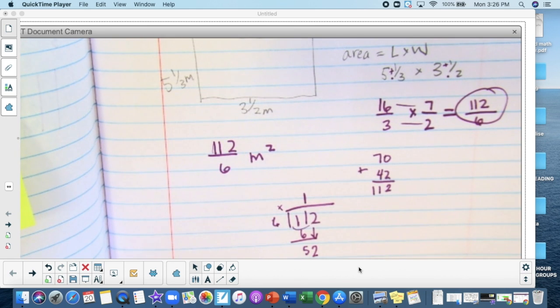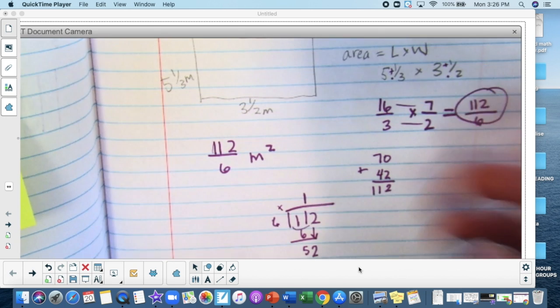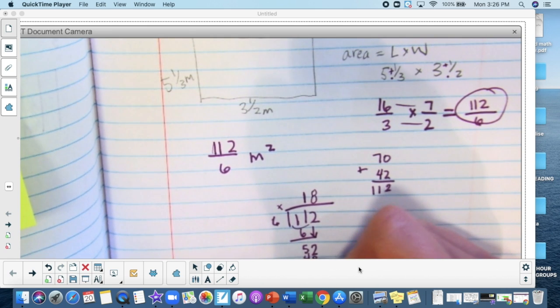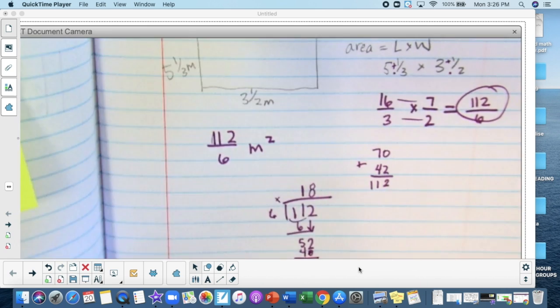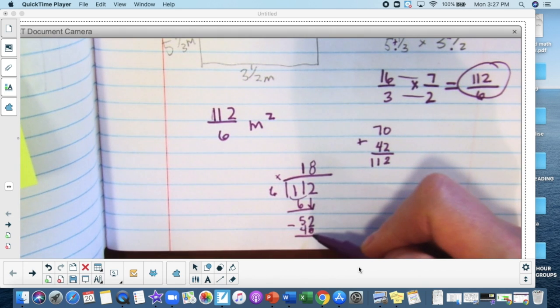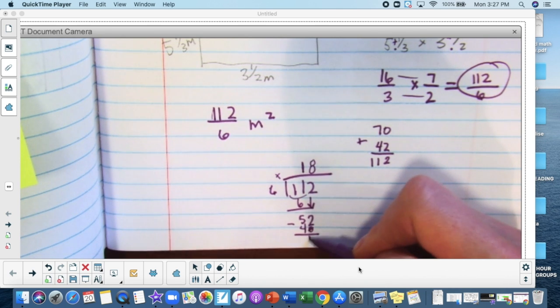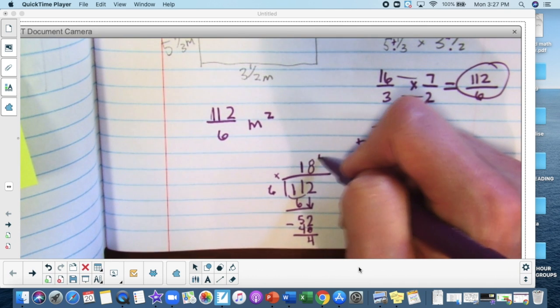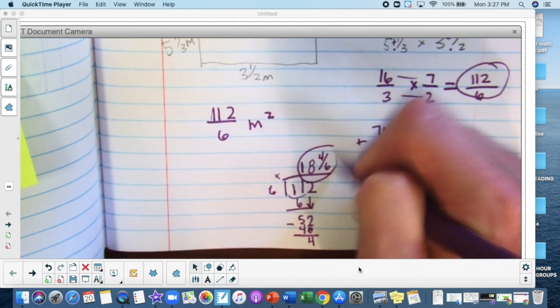And 6 goes into 52. I'm running out of paper. 52 minus 48. Well, let's see. 48, get me to 54. Add another. So it's 18 and 4/6.